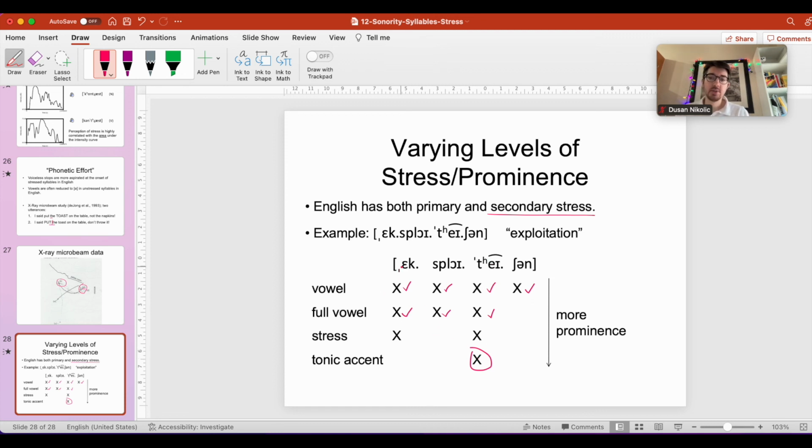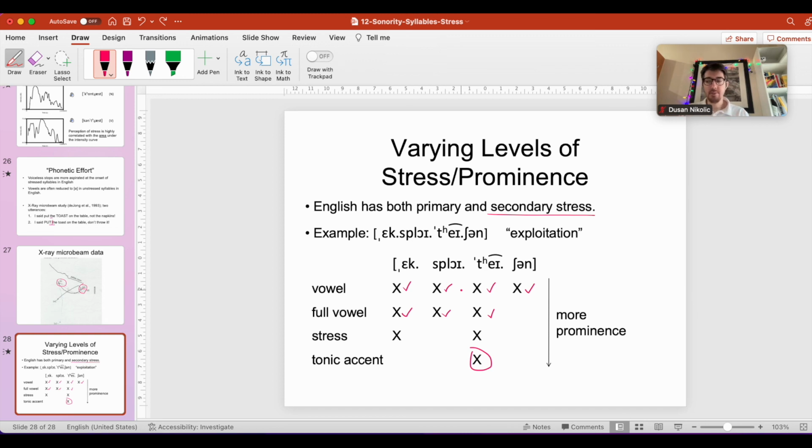If you want to denote the secondary stress, you may use this diacritic here, which is kind of a subscript, but you don't have to do that. So this is just me telling you, well, English is complex. On longer words, you might have secondary stress, such as exploitation, pronunciation, stuff like that.